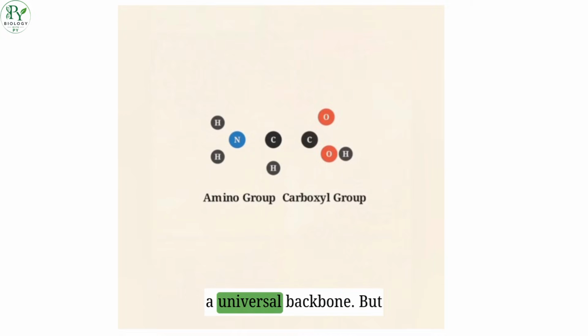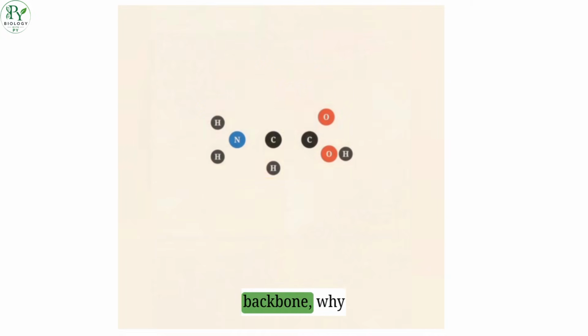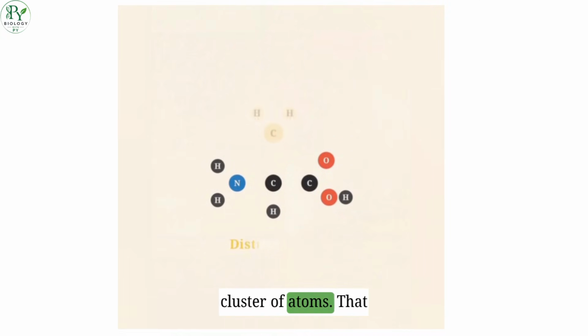It's a universal backbone. But if they all wear this identical backbone, why aren't they the same exact molecule? Because attached to that backbone is a unique cluster of atoms that gives the molecule its own distinct identity. This is the variable side chain.